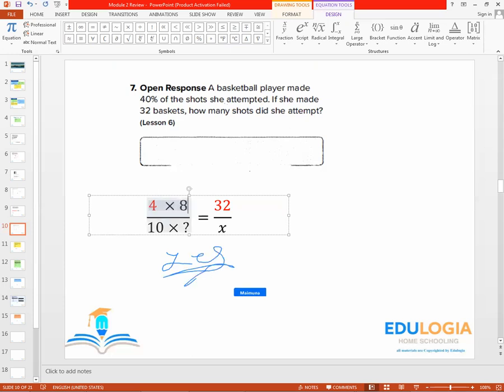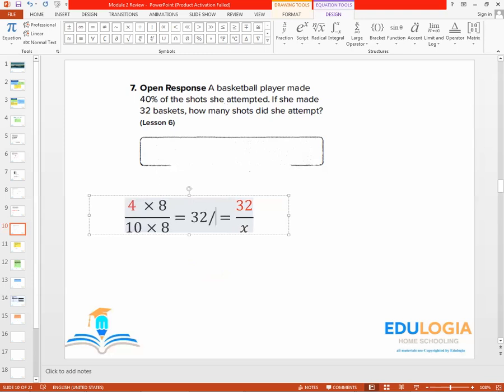Okay, it's 8, Maimuna. 4 times 8 is 32, right? So you have to multiply by 8 up and down. If you multiply by 8 up and down, you will have 32 up and down it's 80, right? 10 times 8 is 80.